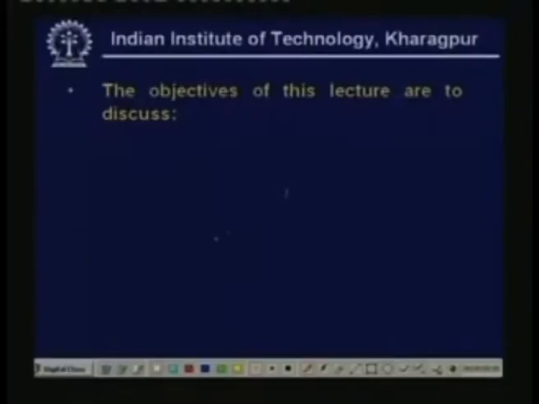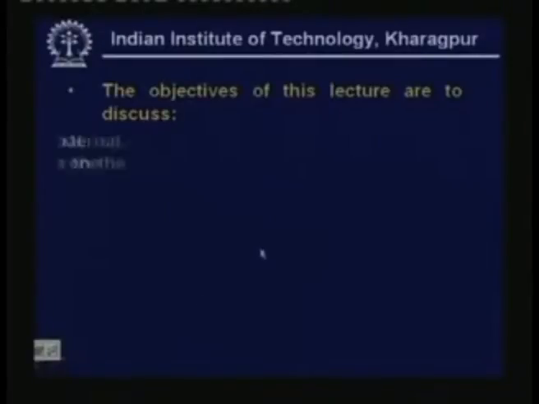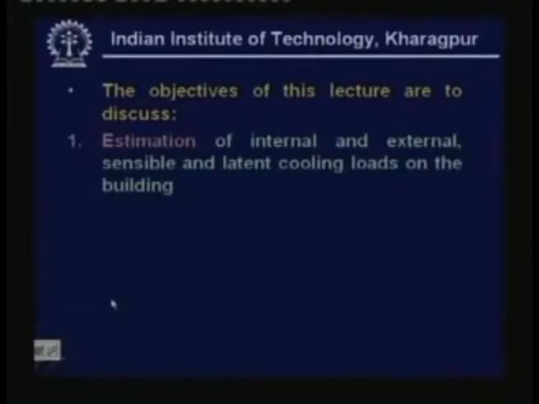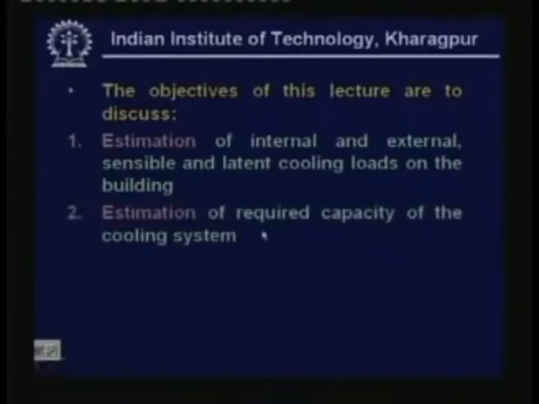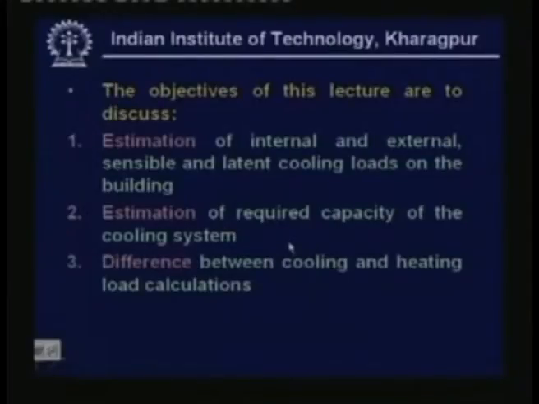Okay, so the specific objectives of this particular lecture are to discuss estimation of internal and external sensible and latent cooling loads on the building, estimation of required capacity of the cooling system, and the difference between cooling and heating load calculations.